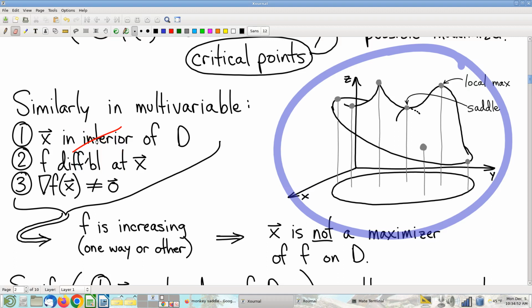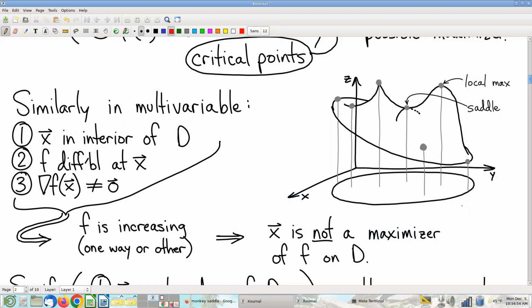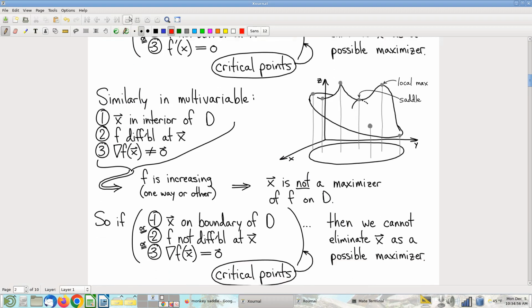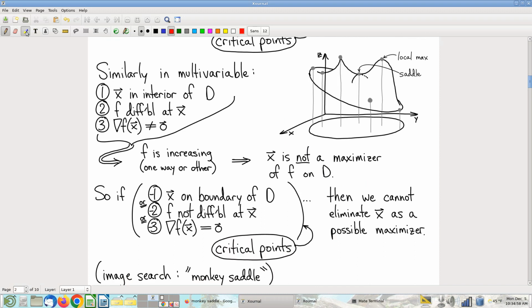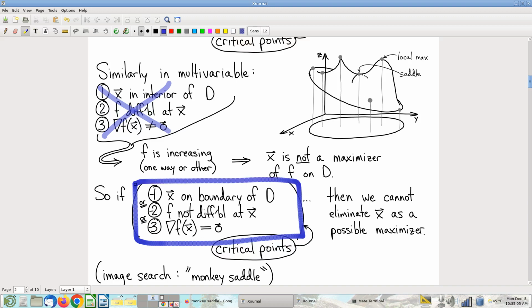So again, just like in the single variable case, the failure of any of these conditions, in other words, maybe it's on the boundary, maybe the function fails to be differentiable, maybe the gradient is 0. If any of those things happens, then I can't draw any conclusions about it not being a maximizer.